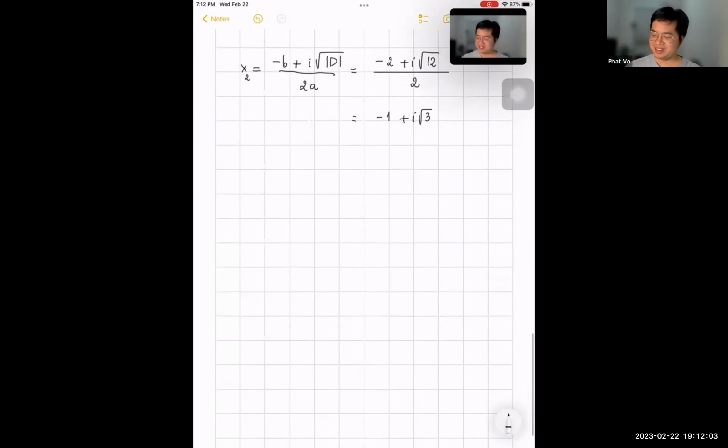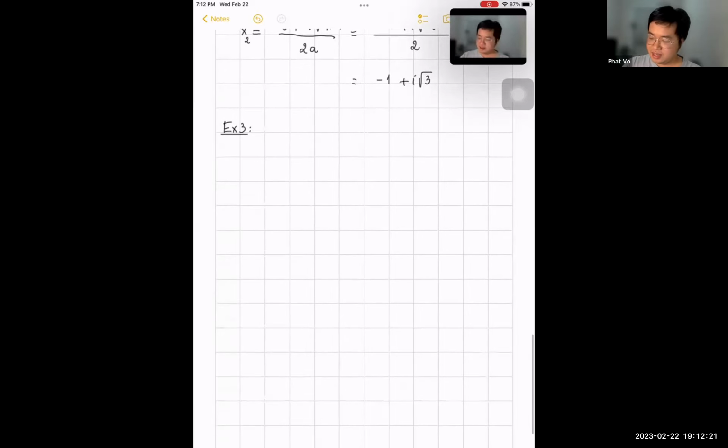So I will give you some examples. Example 3. Okay, so now I will combine a lot of kinds of problems like factoring, divisions, and complex numbers into this problem. Okay, so let the polynomial P(x) be given by the formula here.